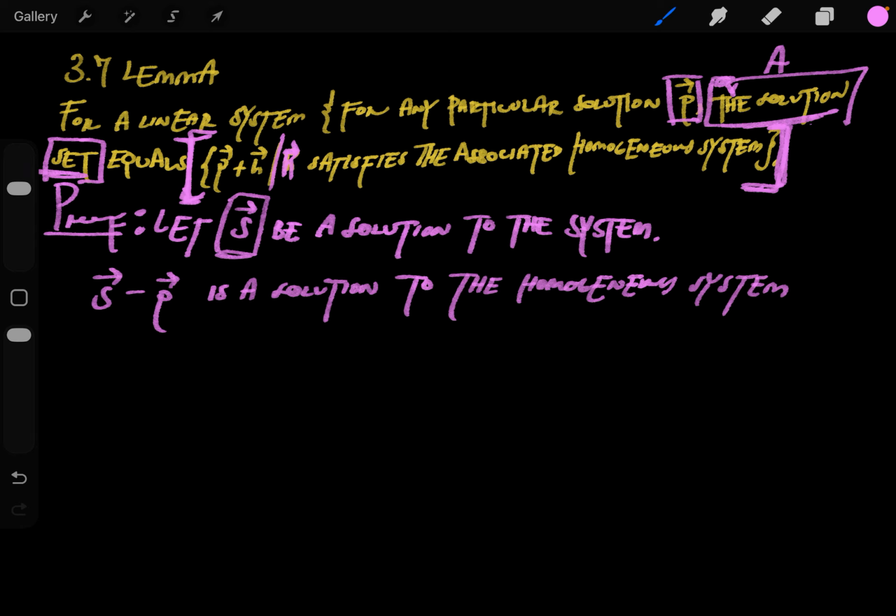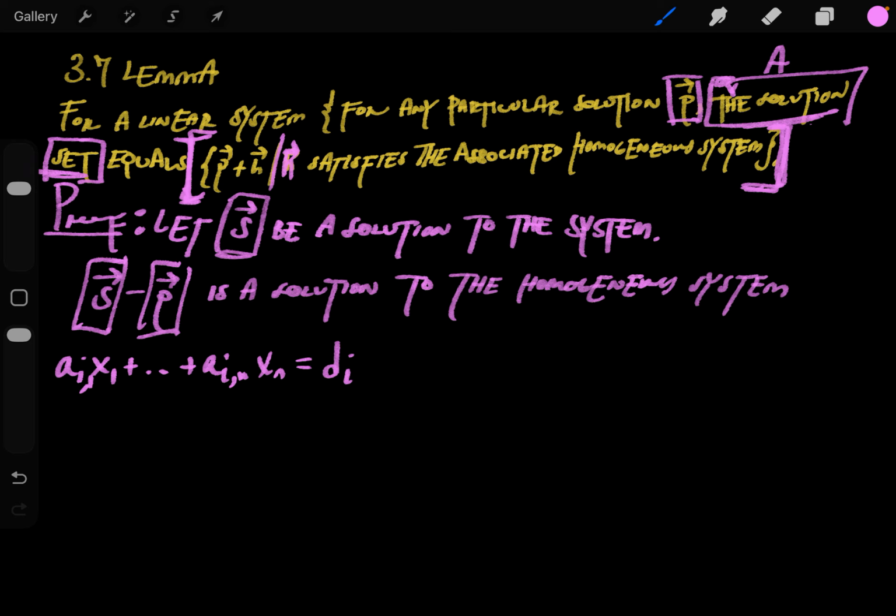If a row in the original system is a sub i1 x1 plus dot dot dot plus a sub in x sub n equals d sub i, then that means that the ith row in the S vector and the ith row in the P vector make this equation true.